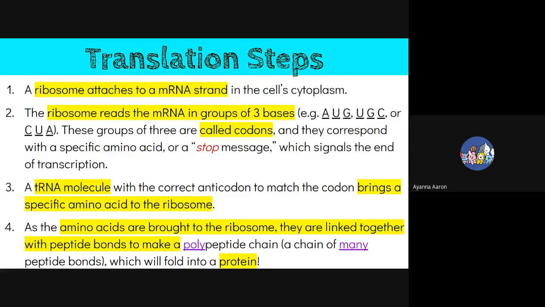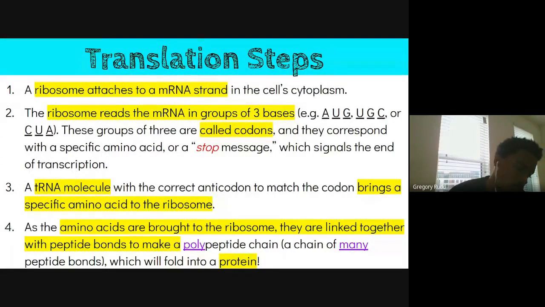When the timer's up, you can explain what all this means. Five seconds. 4, 3, 2, 1.